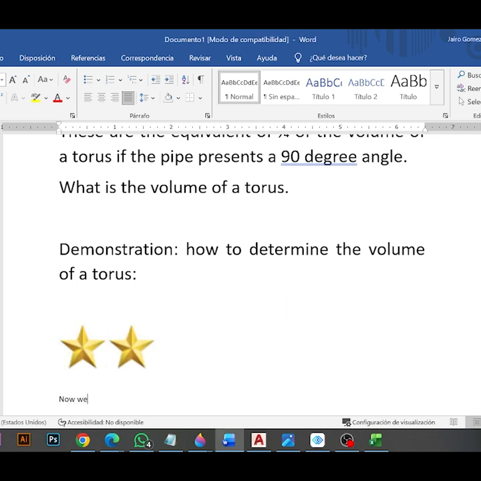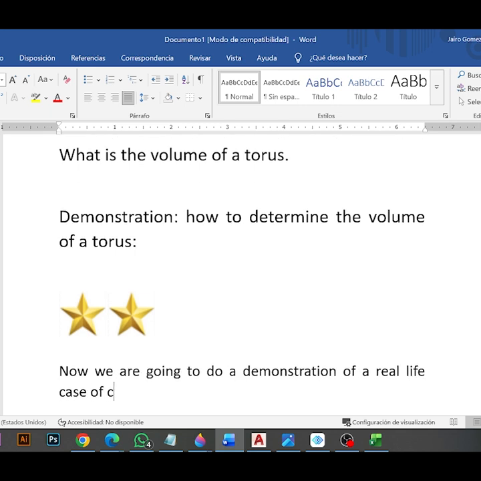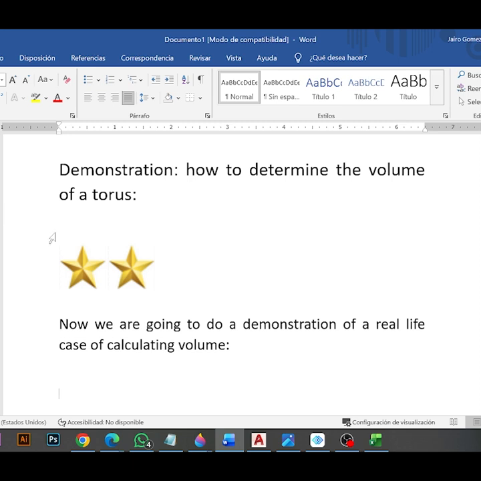So now we are going to do a demonstration of a real life case of calculating volume. So what do I mean by that?